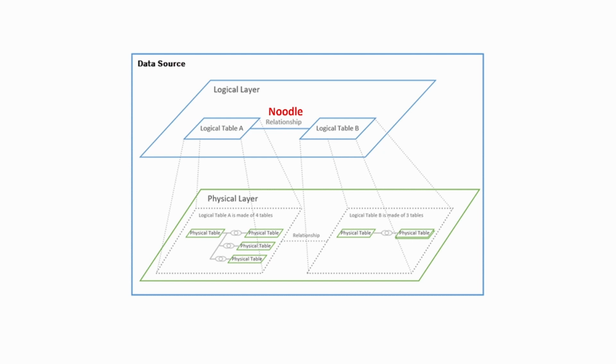And a fun fact is, in previous versions of Tableau, the data model only had the physical layer. Only in versions 2020.2 and later was the logical layer introduced, which now gives us more options for combining data.